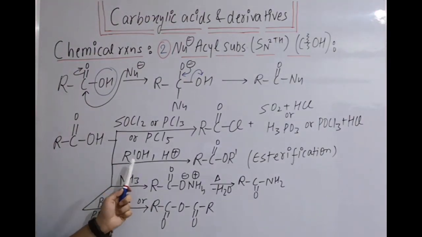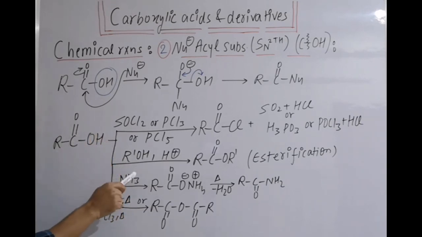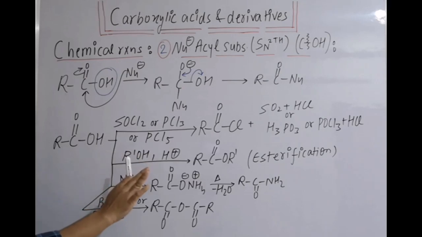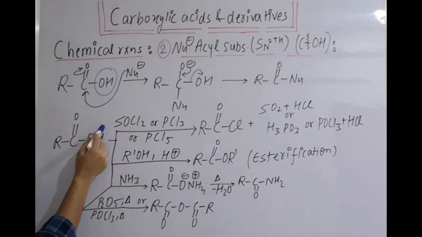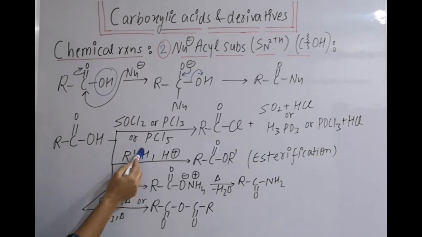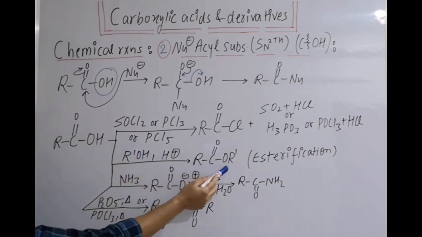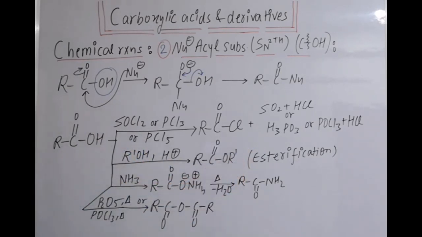The second reaction we have done in alcohols again, which is Fischer esterification. What are we going to do? Although its mechanism is also done, here I am not going through the mechanism. The important part is that OH will be substituted by the nucleophile OR dash, and this is Fischer esterification.